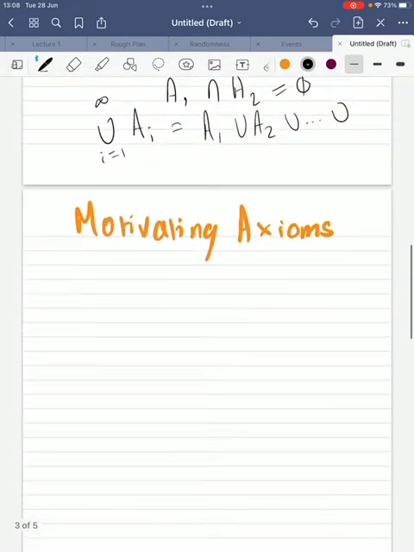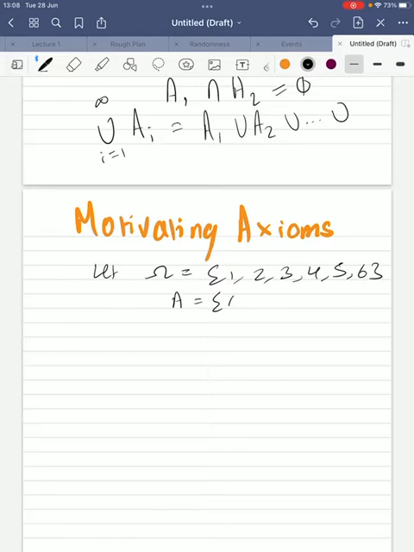Now, we're going to look at how these axioms came about, because I think it makes it easier to understand them. So what we're going to do is we are going to let the sample space be 1, 2, 3, 4, 5 or 6, so our infamous rolling the dice example. And we're going to let A be the event we get a 6 when we roll the dice, okay? Now, we're going to wake up one morning and we're going to roll this dice infinitely many times, yeah?